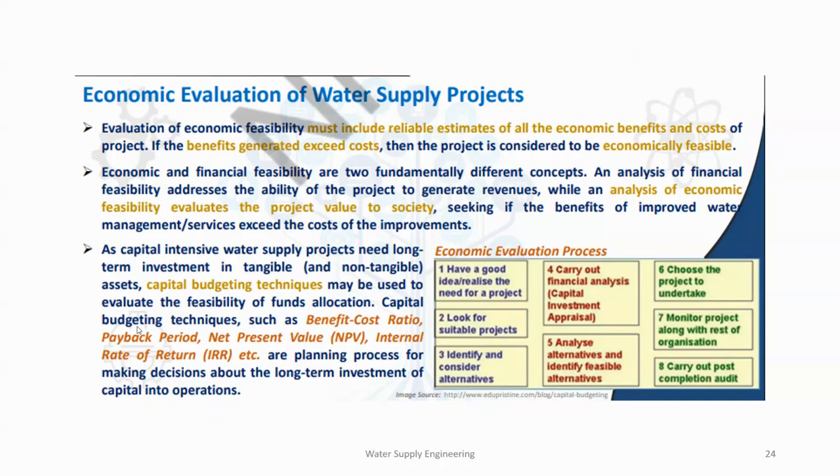So, for a project to be economically feasible, the benefit should outweigh the cost. So, in order to evaluate the feasibility of fund allocation, capital budgeting techniques are adopted. That is, benefit cost ratio, payback period, net present value, internal rate of return, etc.